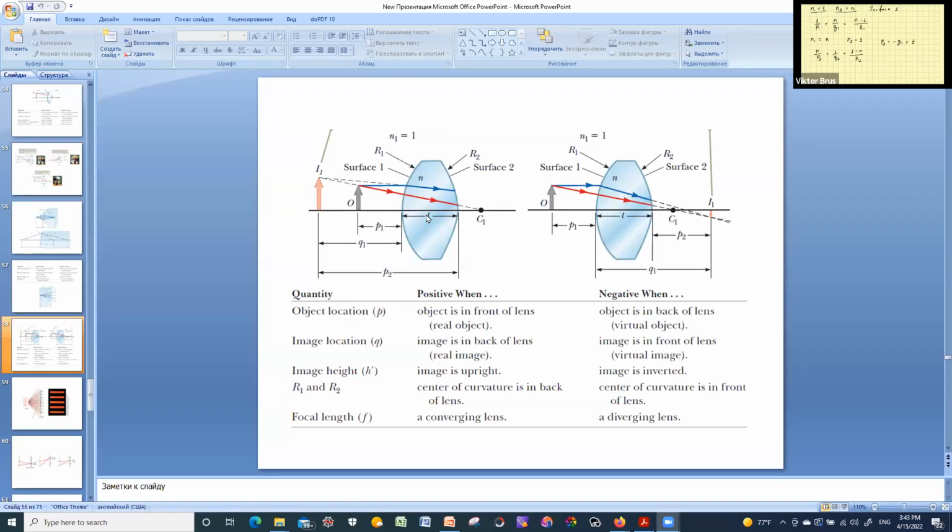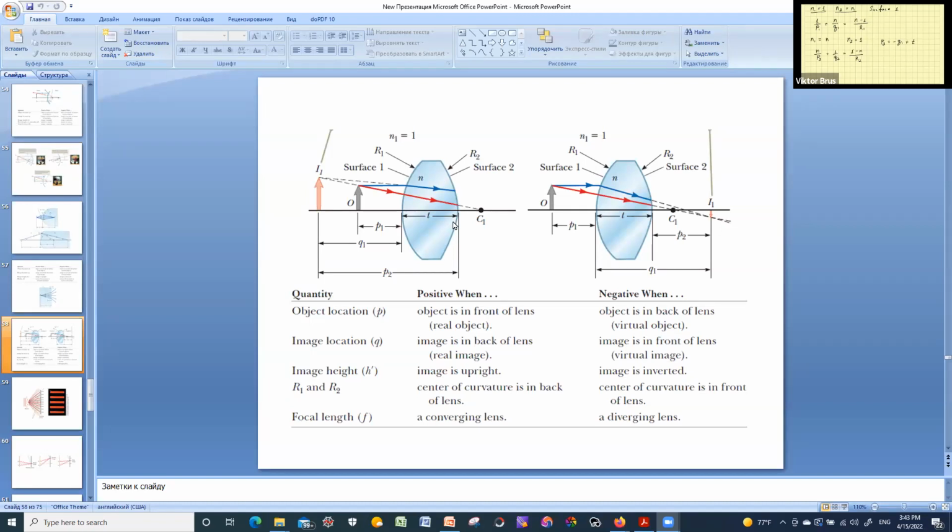So now, let's take a look here. So this is the image of the object formed by first curvature. So now we want to consider that this image serves as an object for second curvature.